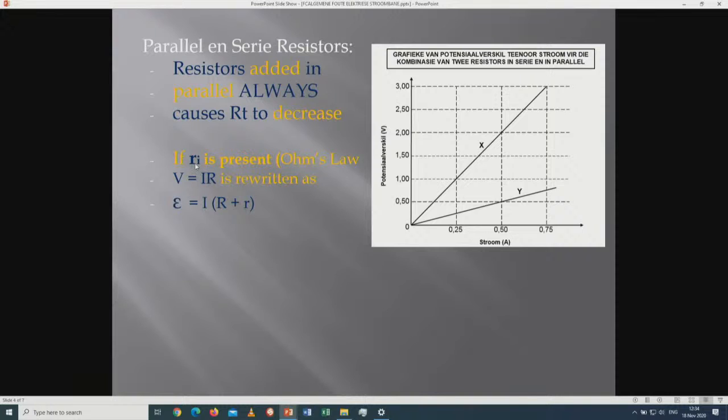But if internal resistance is present, then it is rewritten so that the EMF, the total potential difference, equals IR, where R indicates external resistance, plus I times small letter r, the internal resistance.